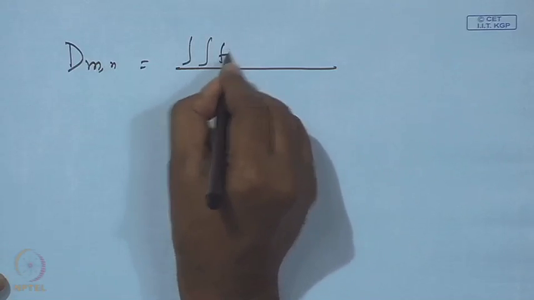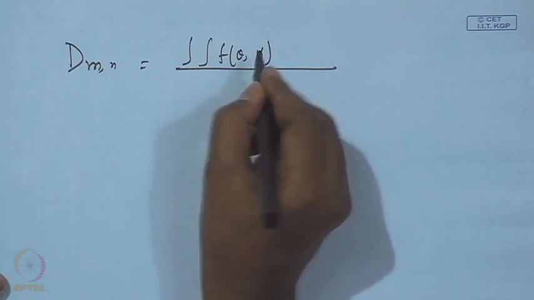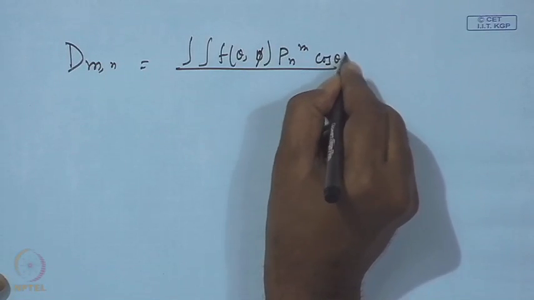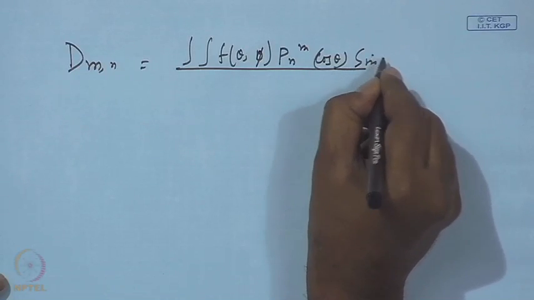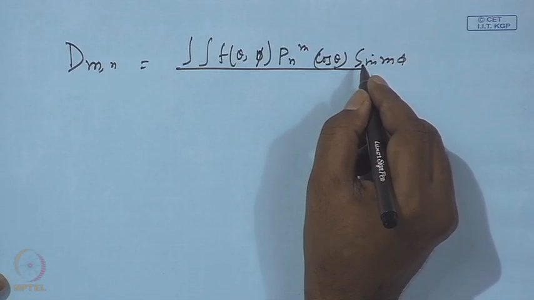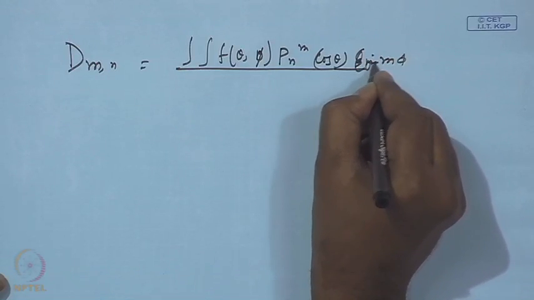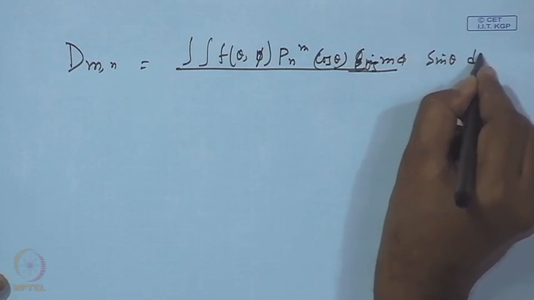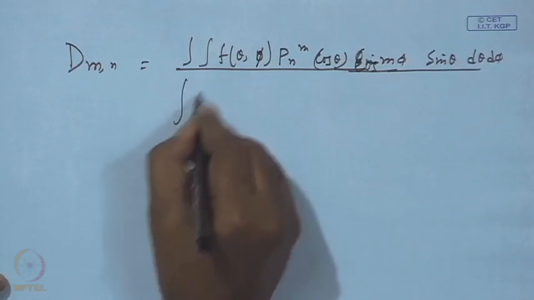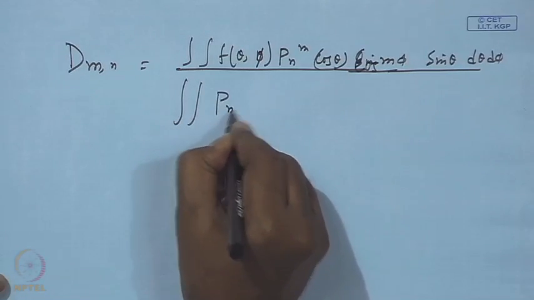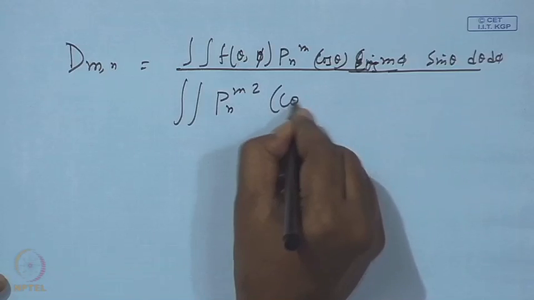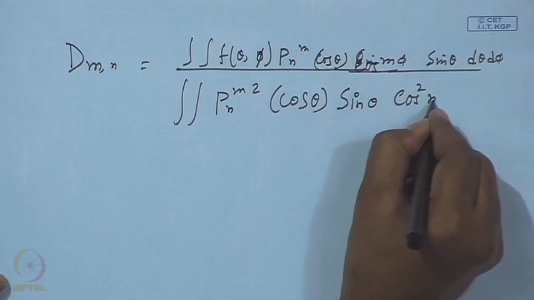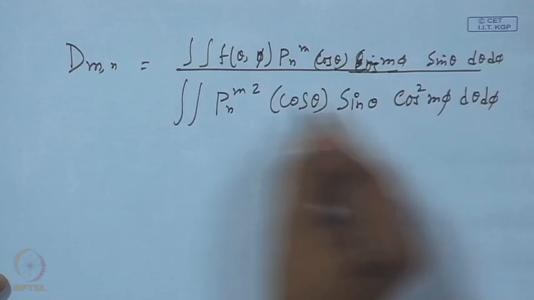okay. F of theta and phi, P n m cos theta, sin m phi, this becomes cosine m phi, sin theta d theta d phi, this is the weight function, and here you will be getting P n m square cos theta, sin theta, cos square m phi, d theta d phi.